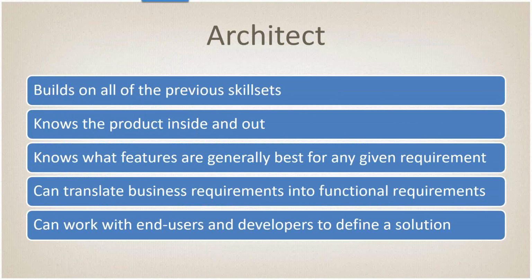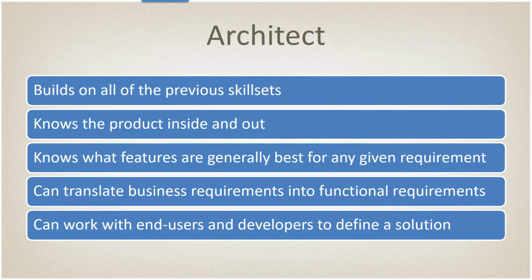So the architect knows everything about the system. They know how Dynamics 365 can help the business. They know what the product does inside and out. And the key here, and the thing I love about Dynamics 365/CRM, is there are almost always 4 or 5 ways to do any one thing within the system. It's your job as an architect to figure out which one is the best for the given thing that has to happen.